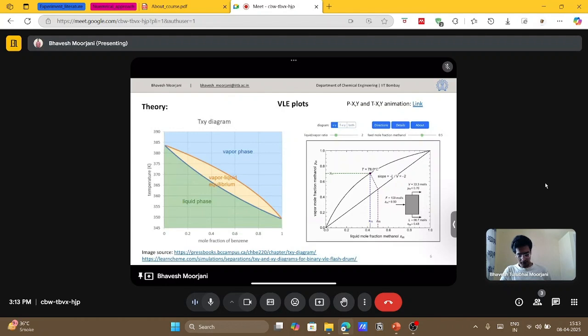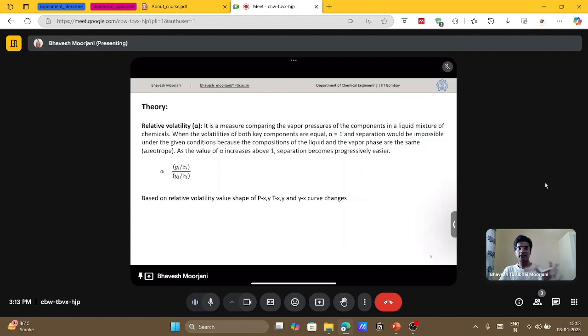So I will come to the different sorts of plots that we use for vapor liquid equilibrium. Before that, let's understand the concept of relative volatility. Relative volatility between two components A and B represents how volatile one component is with respect to the other component.